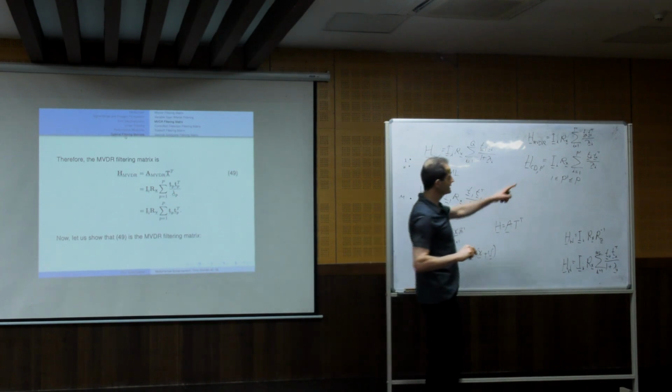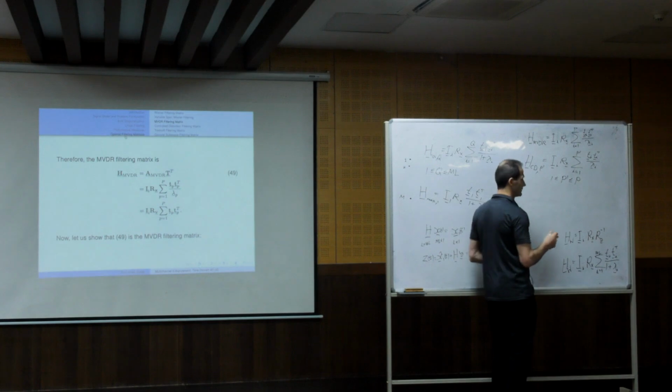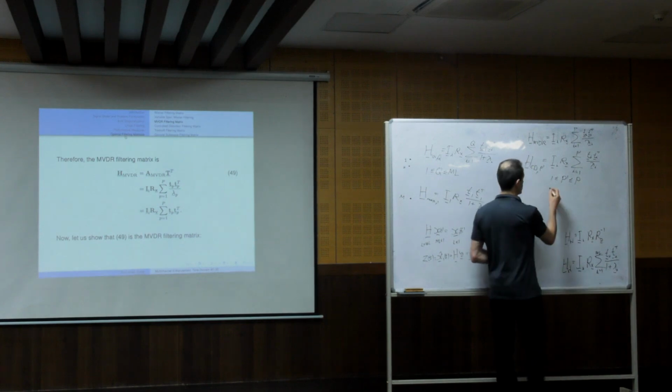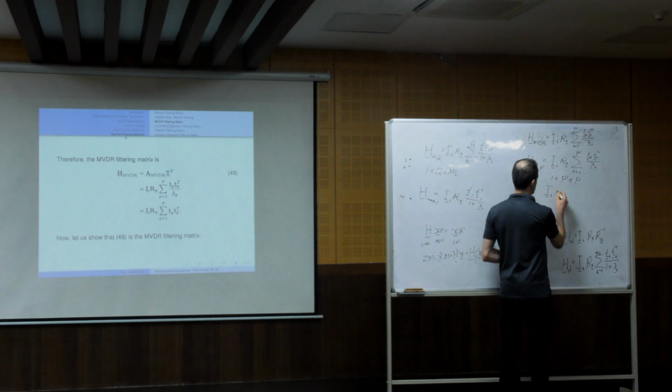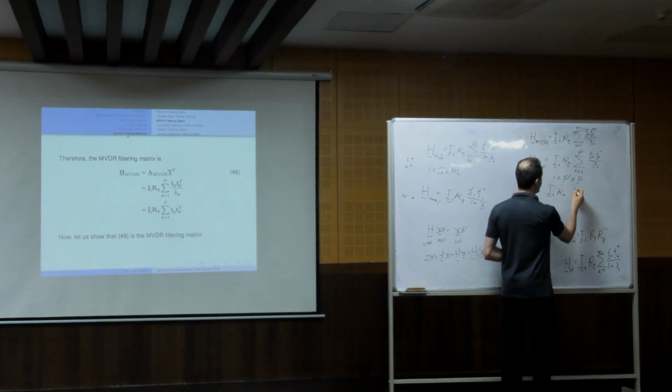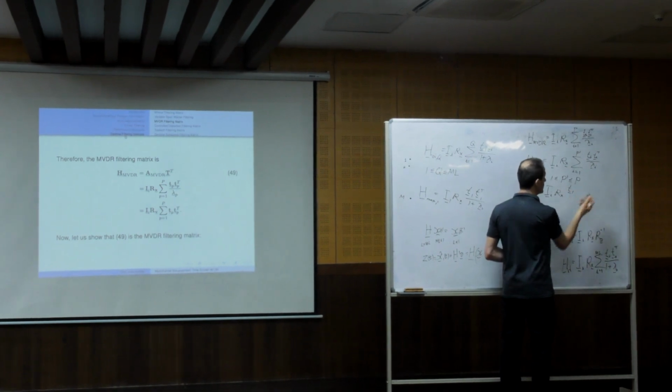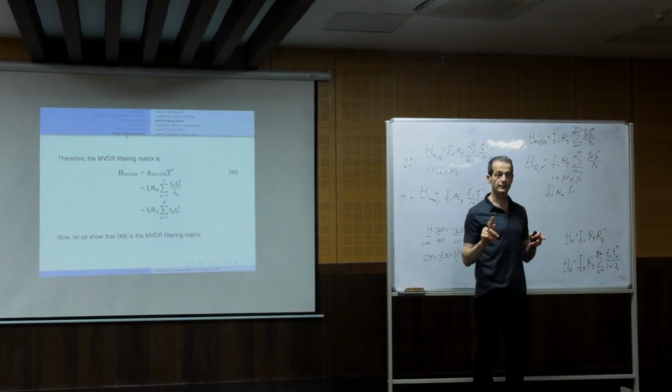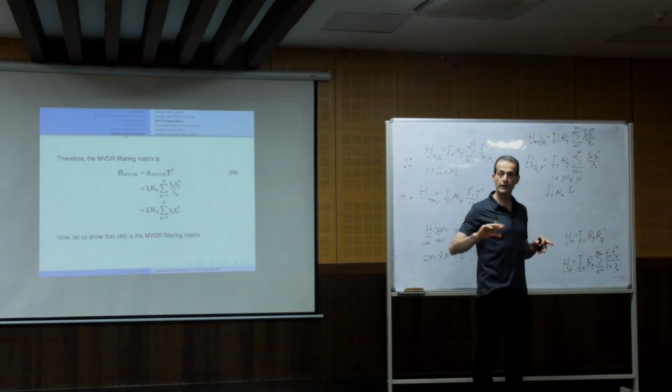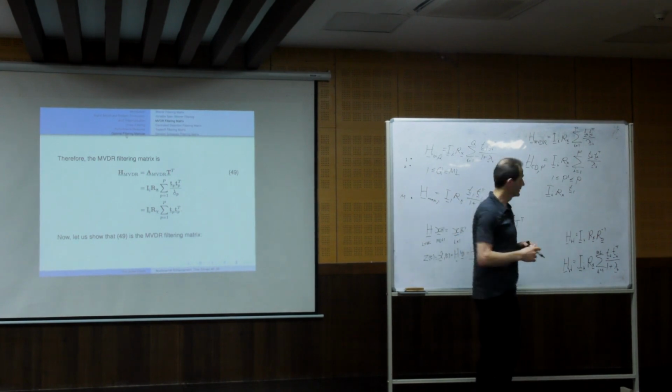I can show that even the first component, if I use it, I get the maximum SNR filtering matrix. How do I know that? Because if I use it, the output SNR will be the maximum possible value, lambda 1. Okay?